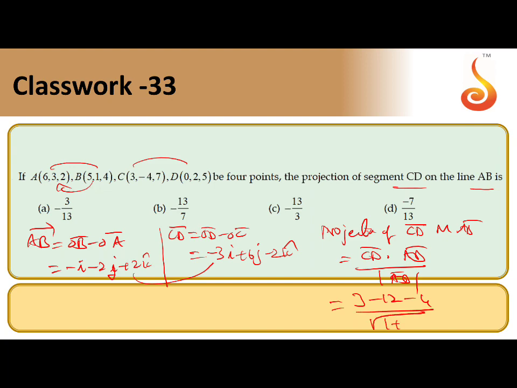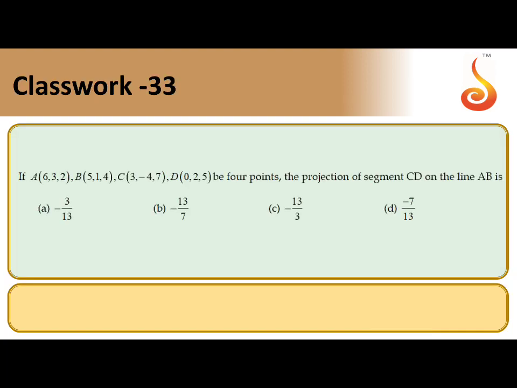AB is root of 1 plus 4 plus 4. So minus 13 divided by 3. Which option is matching? Option C is matching. Root 9 is 3, so minus 13 by 3 is the answer. I hope this is clear. Next question. Check the answer before solving next. C is the right answer.